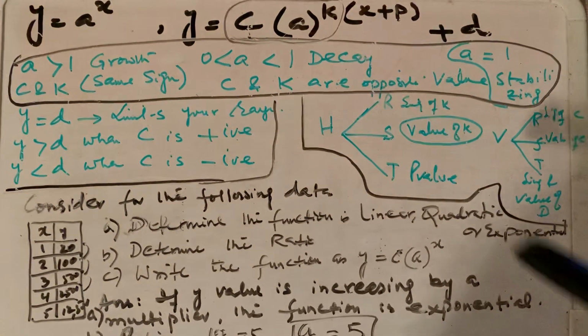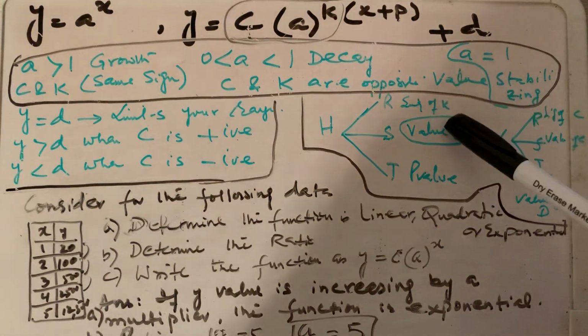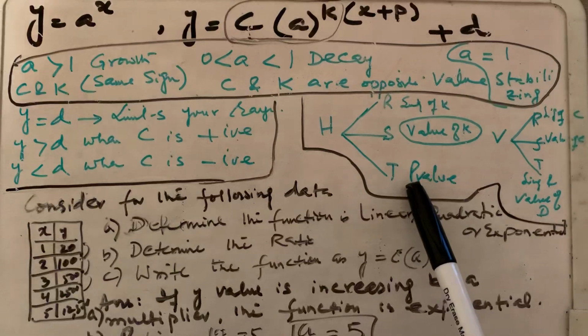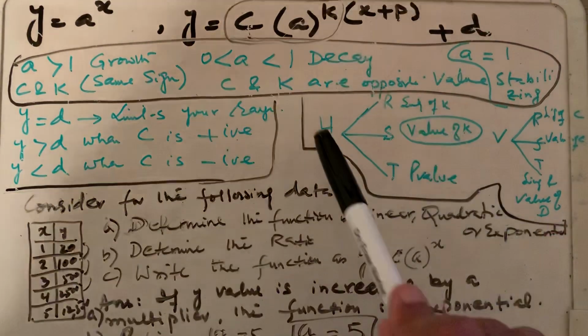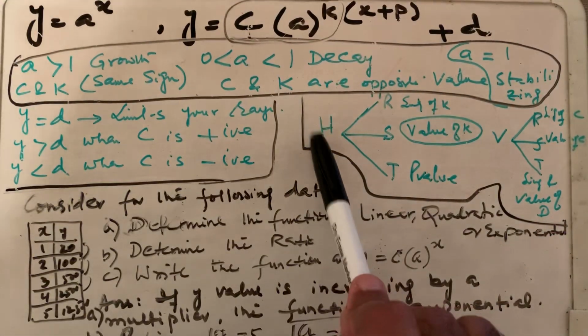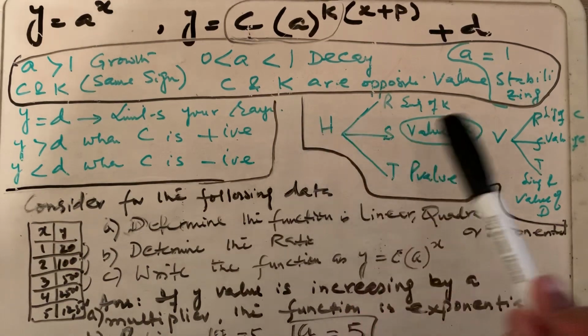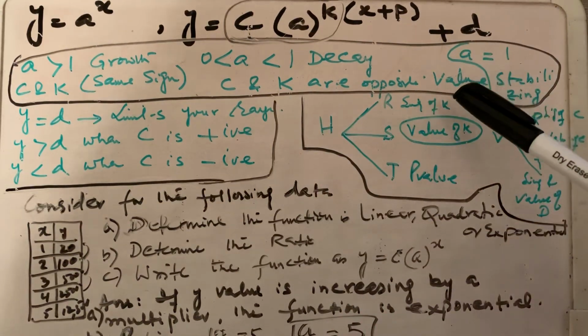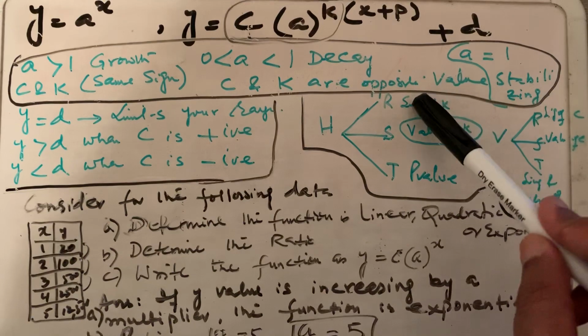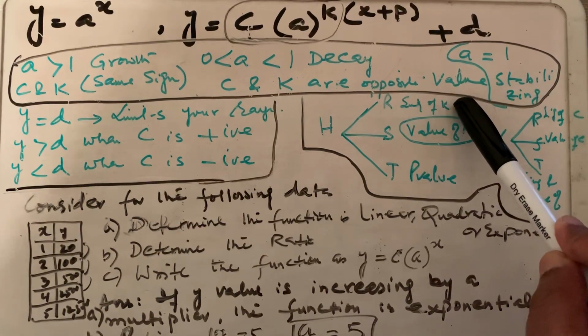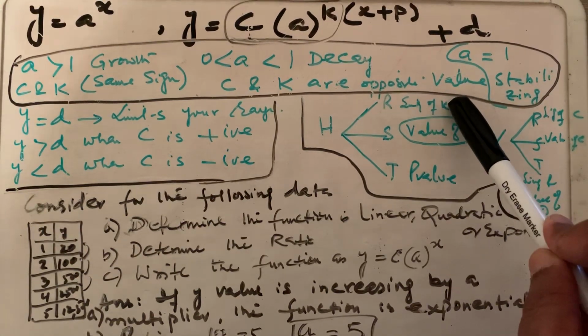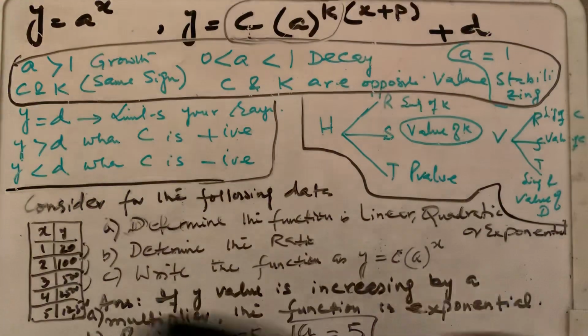The rest of the three variables are the value of k, the sign of k, and the value of p. These determine the horizontal transformation. Horizontal transformation is determined by the value of k and the sign of k. If the sign of k is positive, nothing to worry about. If the sign of k is negative, we say there is a reflection, towards the left, right?